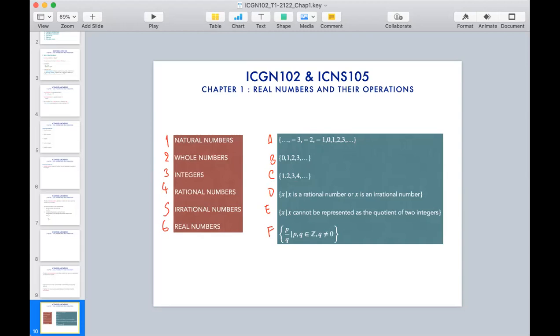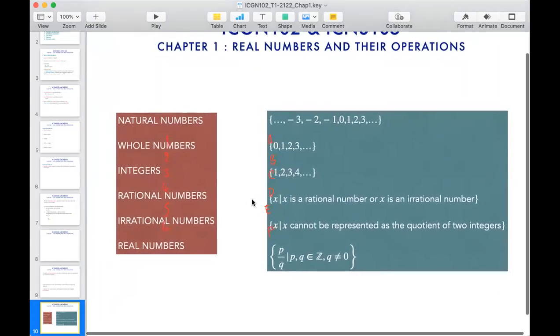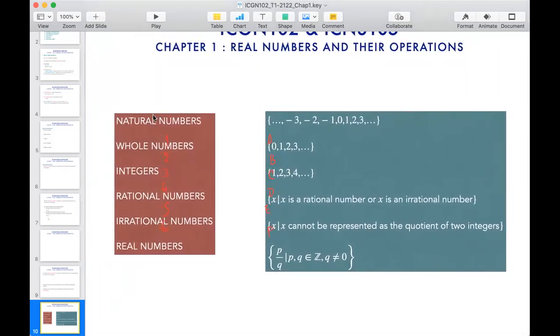Please solve this one by yourself. Then I will ask some of you to help answer this for me.